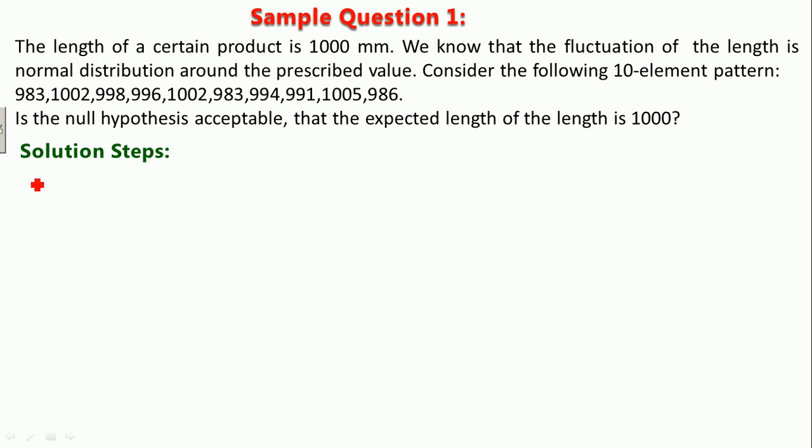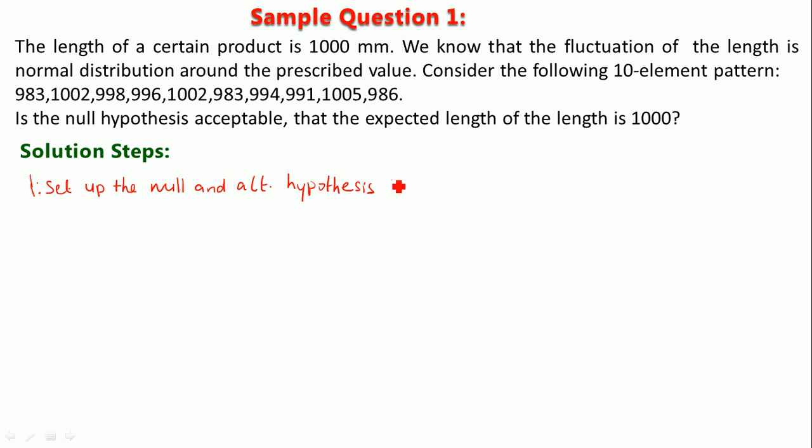So step 1 is to set up the null and alternate hypothesis. So this is the step 1. Sorry about my writing. And how do you do that?